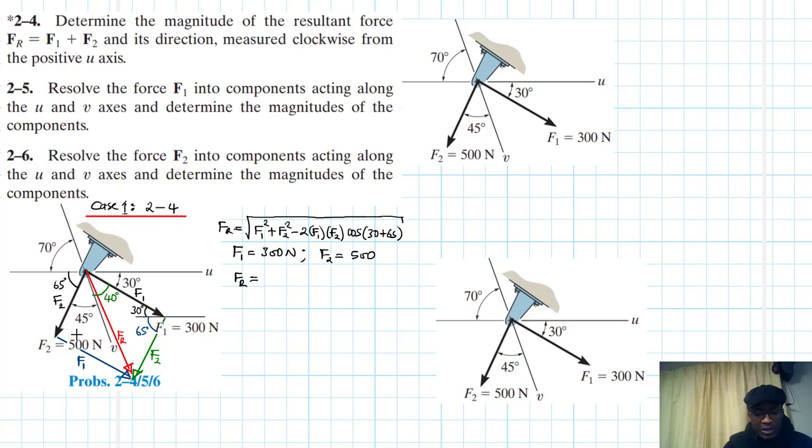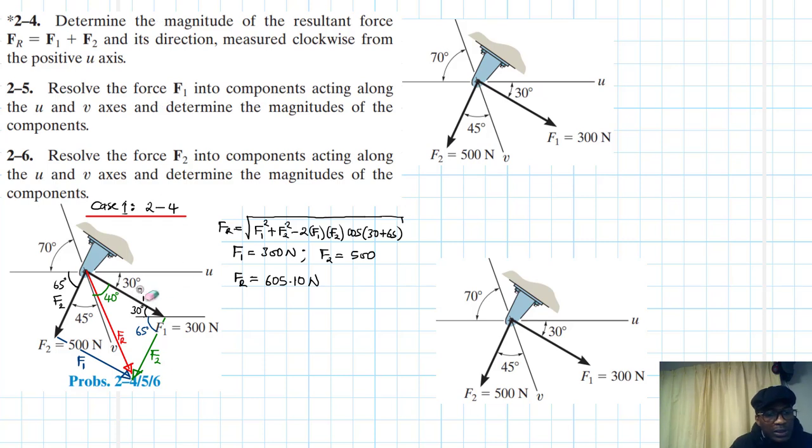Then we have 605.10 newtons. Let me just work it out again. Square root of that, 605.10. Great. So we found one part.